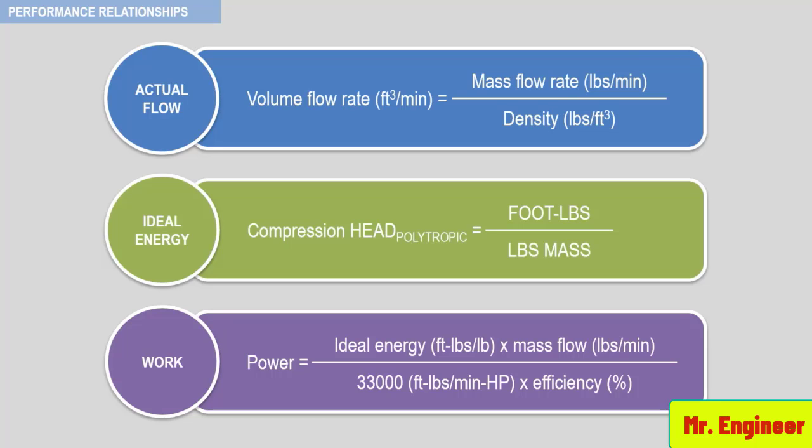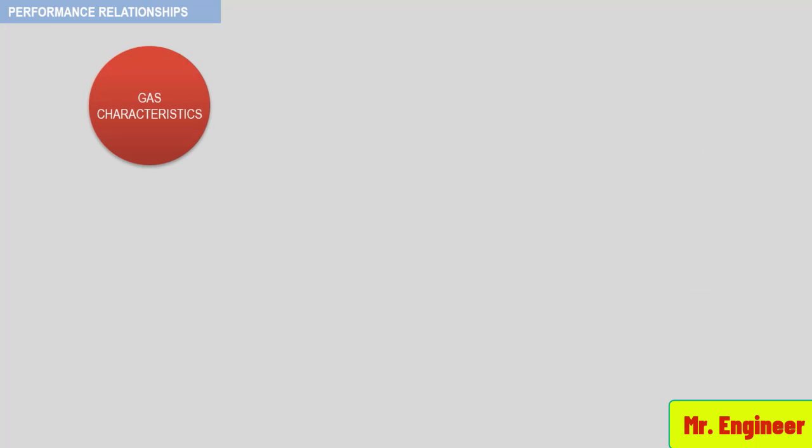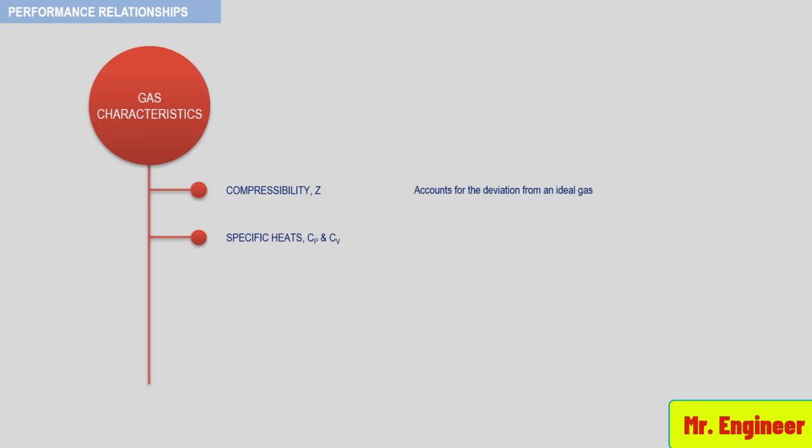The gas characteristics used to determine the design parameters are defined here. They include the compressibility factor, referred to in this course with the letter Z, which accounts for the deviation from an ideal gas. The specific heats at constant pressure and volume, respectively Cp and Cv, which are the amount of heat to raise one mass of gas 1 degree.